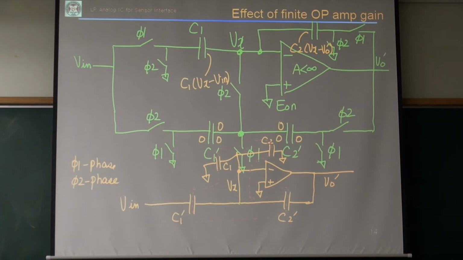The sum of charge inside is just the sum of those two, because this is only 0 at the start of phase 2, right?